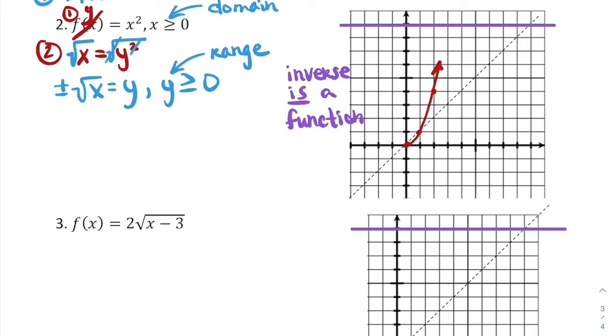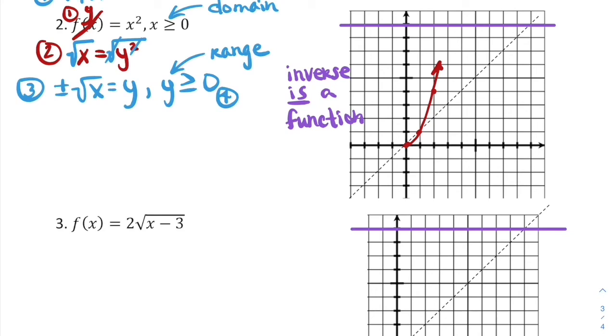So I am going to get rid of the plus and minus. So step number 3 was this. Step number 4 is that I'm going to get rid of plus and minus by restricting my range. Sorry, that 4 goes over there with my restriction.